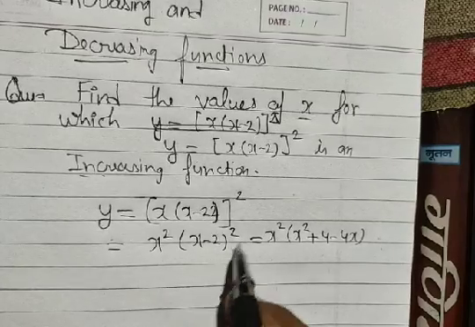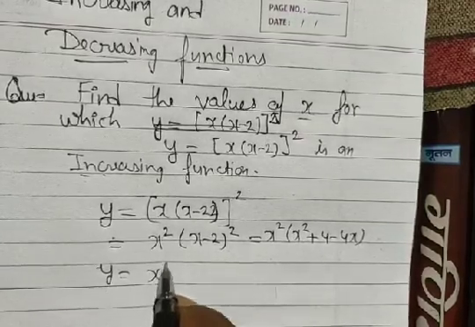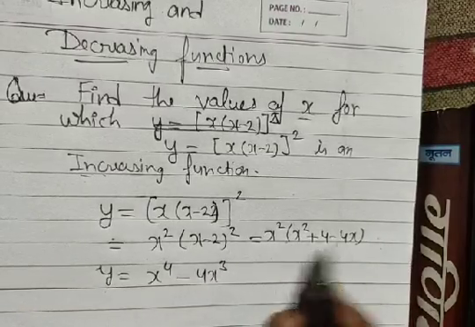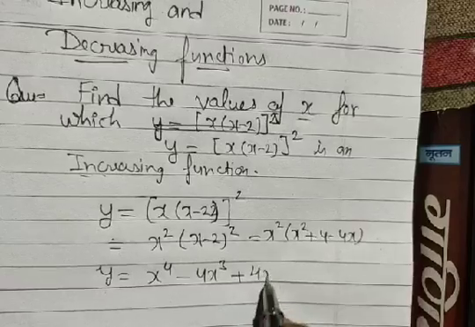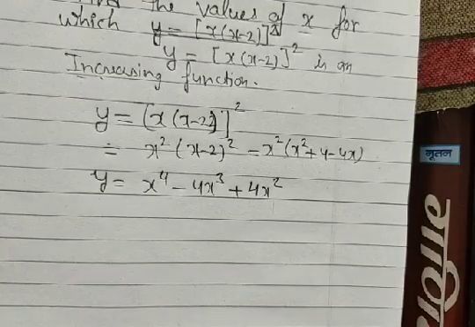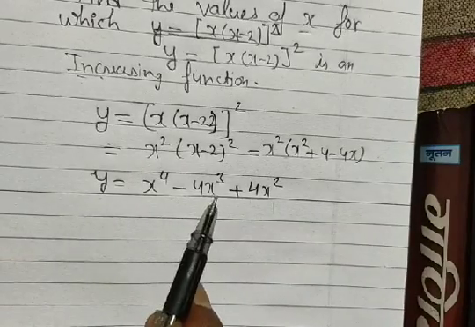Then we get y equal to x to the power 4 minus 4x cube plus 4x square.